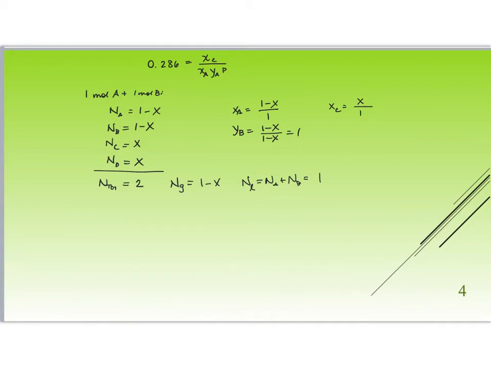And finally, the composition of the solid D is just identically 1. And if we substitute those in, we end up with 0.286 is equal to x over P times 1 minus x. Now we can rearrange this and solve this.